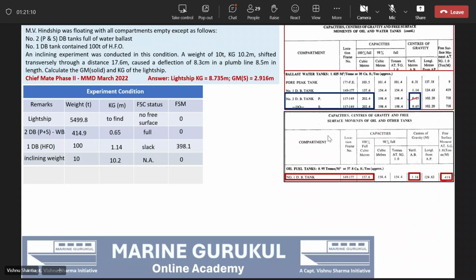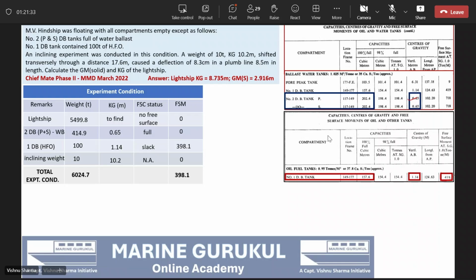What does this give you? This gives you, in the experiment condition, displacement of the ship of 6024.7, and FSM in the experiment condition is 398.1. Does everybody agree? Yes, sir. Correct.